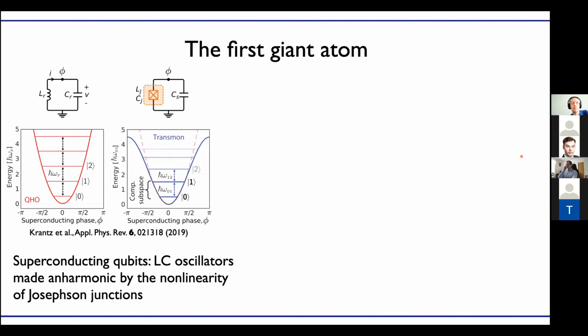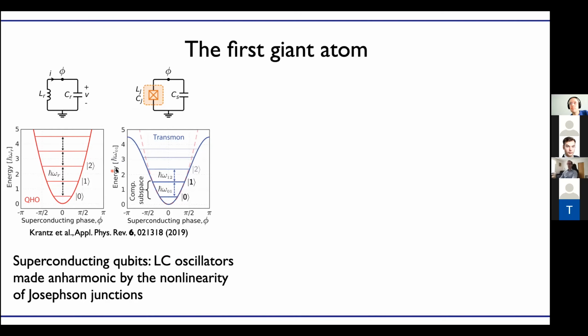So what really got this work started was an experiment at Chalmers University of Technology, where I am now and where I was also a PhD student back then. In the experimental group of Per Delsing, they were working on superconducting qubits. You can think of them as electrical circuits, an LC oscillator.